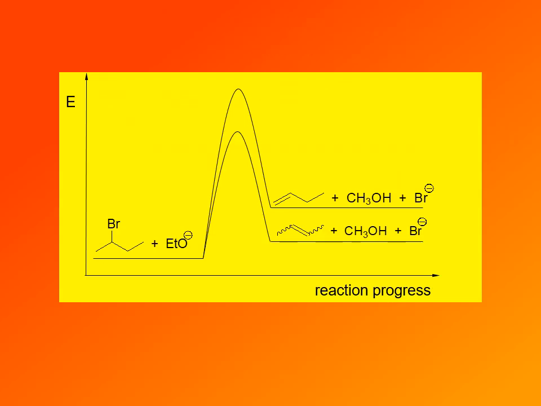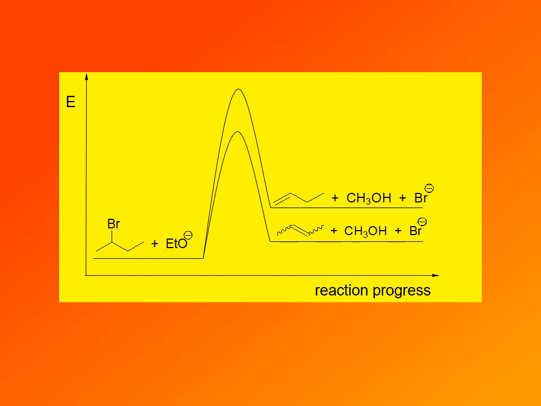And here is the energy diagram. As you can see, the eliminations, we have seen that before, are endothermic reactions, and transition states are product-like transition states, late transition states. So energy of transition state, relative energies resemble energies of the products.